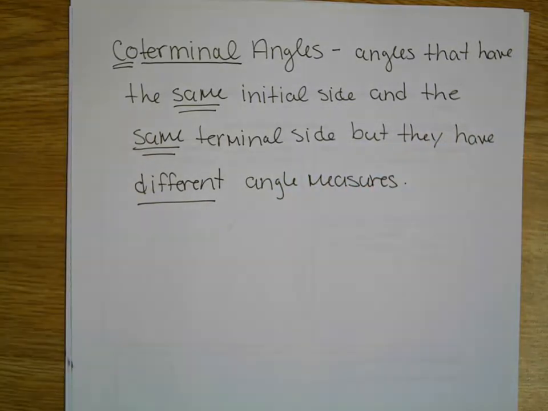So they start at the same spot, they stop at the same spot, but they have different angle measures at the end. Those are coterminal angles.